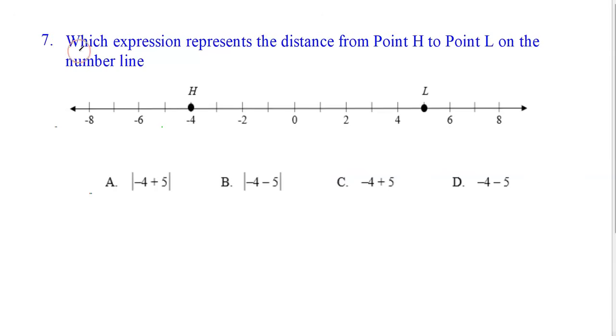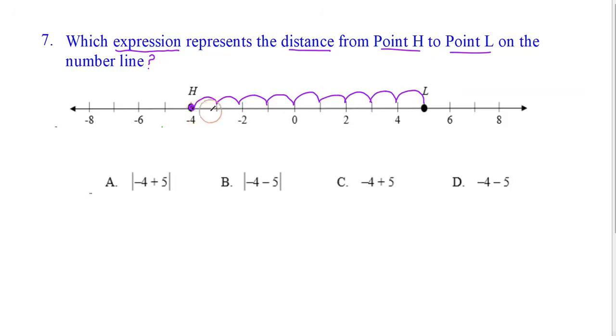Question number 7. Which expression represents the distance from point H to point L on the number line? Before I jump into this, let's figure out the distance from point H to point L. I'll start here. 1, 2, 3, 4, 5, 6, 7, 8, 9.